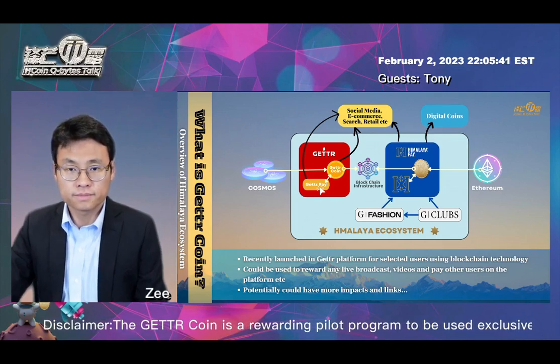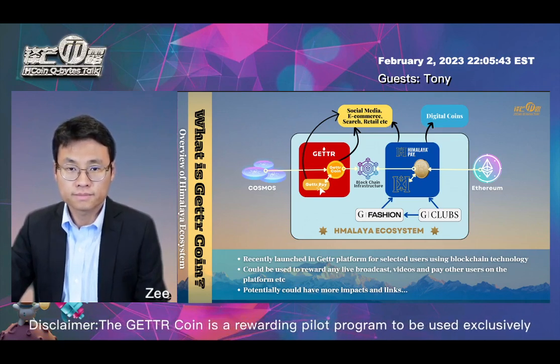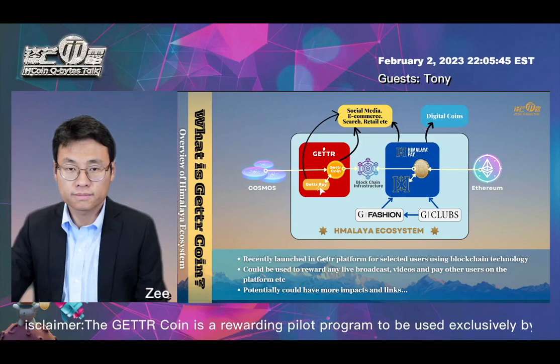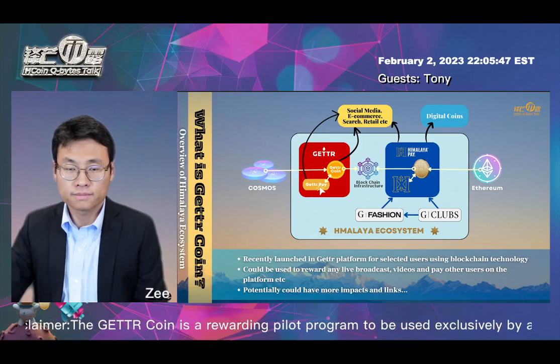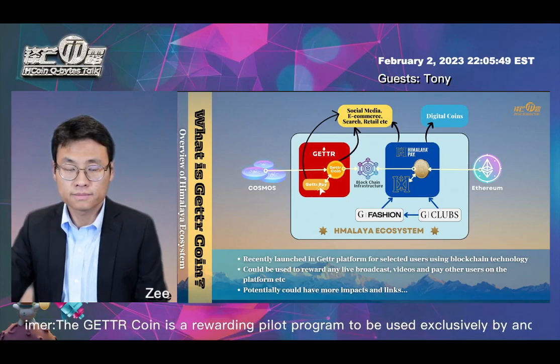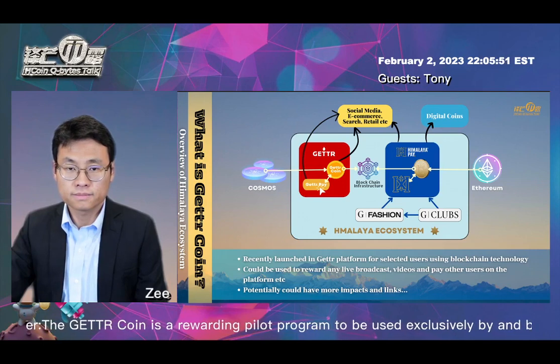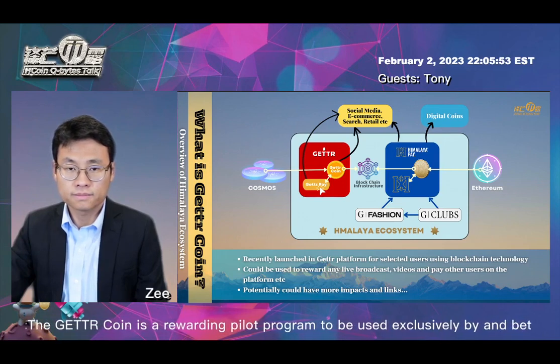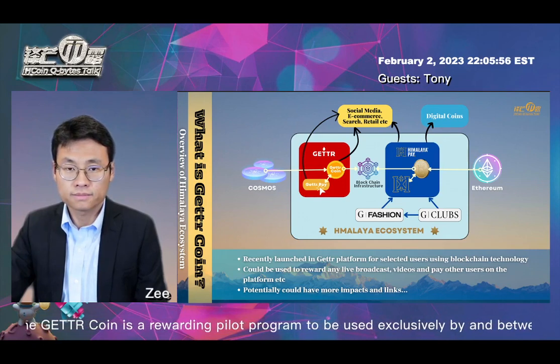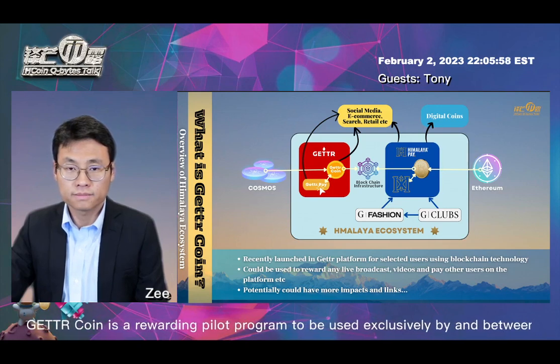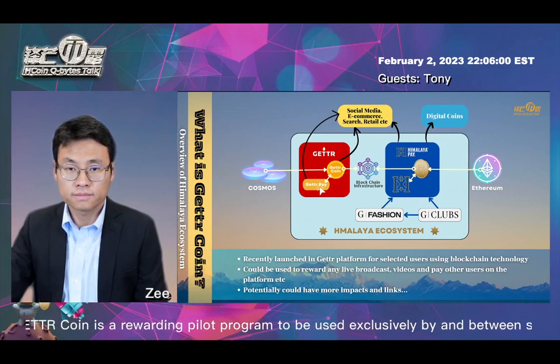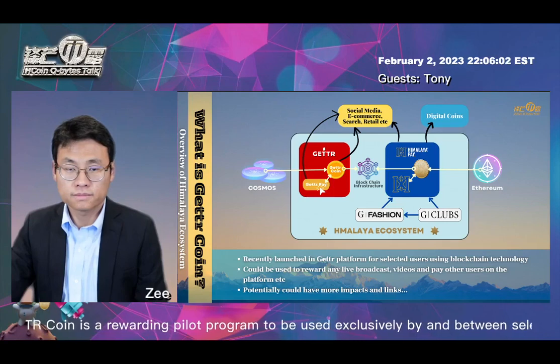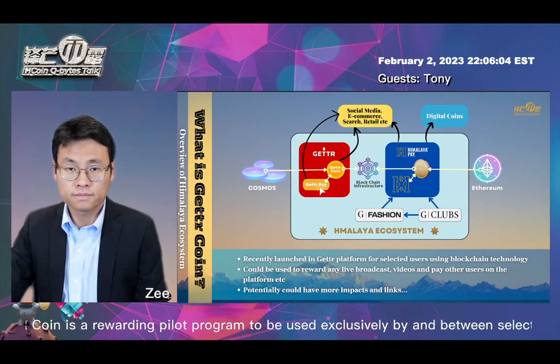That means they have faster transaction speed and lower transaction cost, and also better privacy. So in every way it is a significant upgrade from the existing financial system that people can use for both their online activity, social media, and for their everyday life.